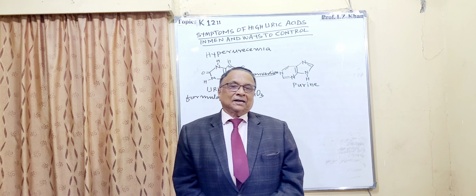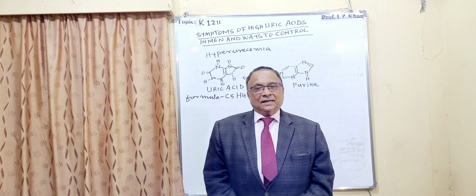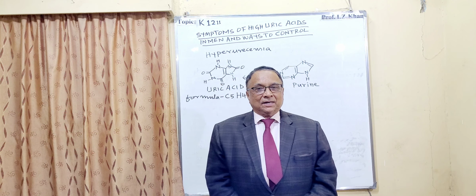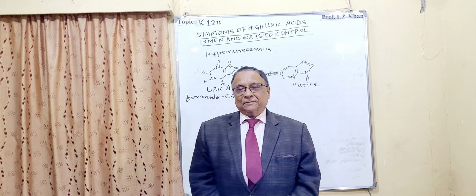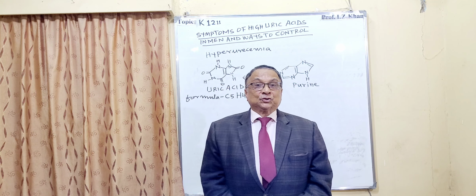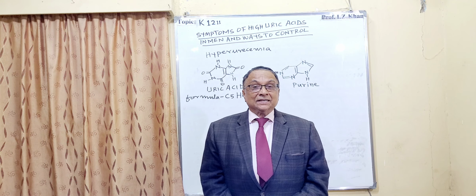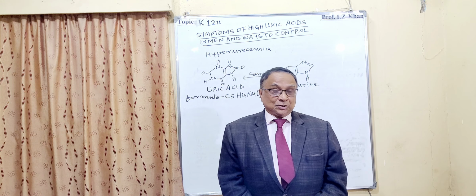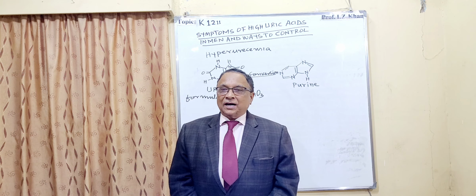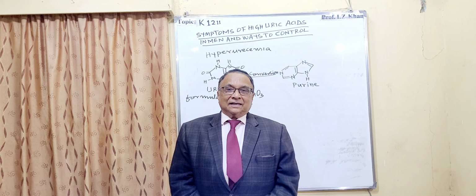That is nothing but because of the high percentage of uric acid in our tissue and blood. So we have to understand what is the source of uric acid in our blood and tissue. The source is from our food and what beverages we are drinking. That is the main source.